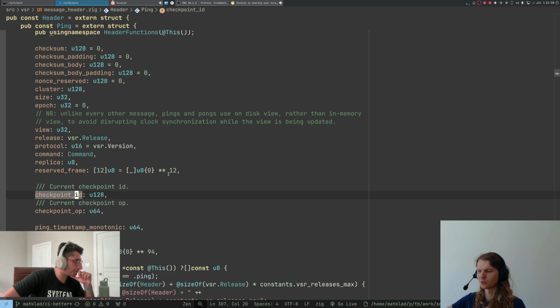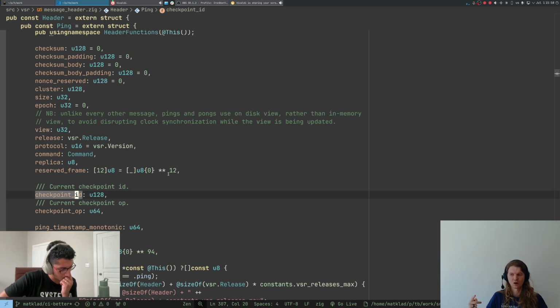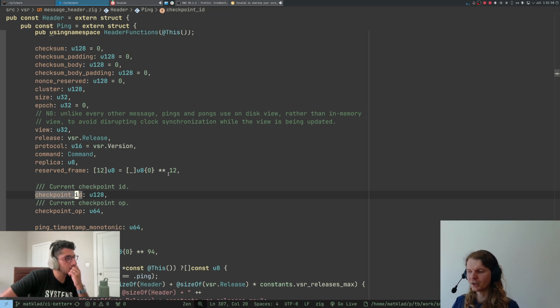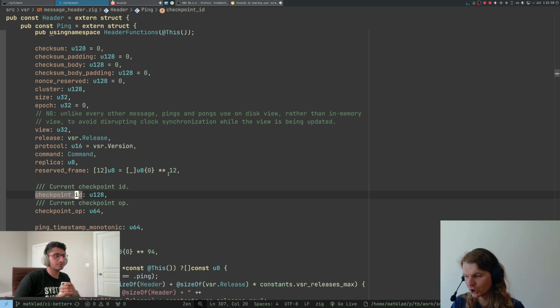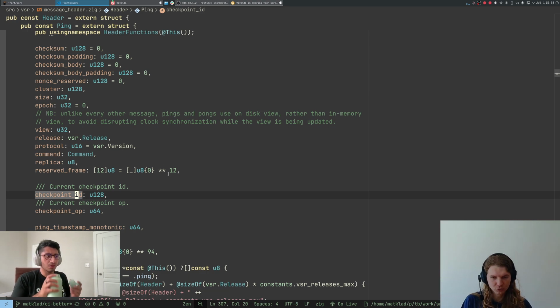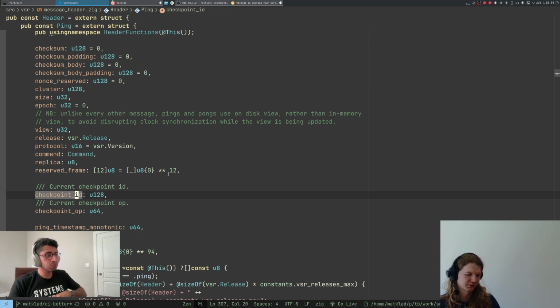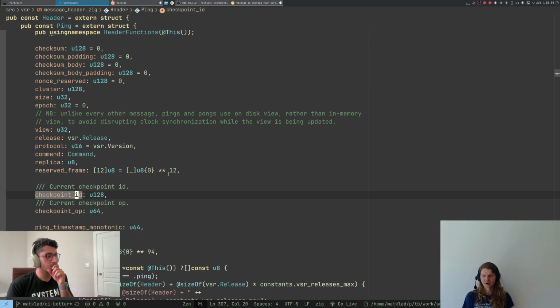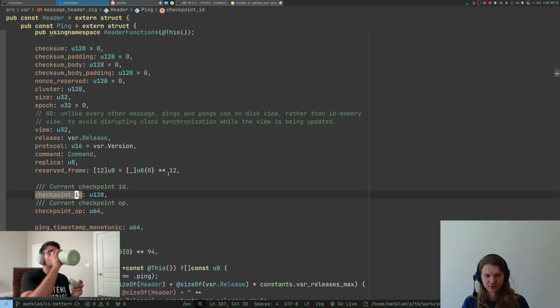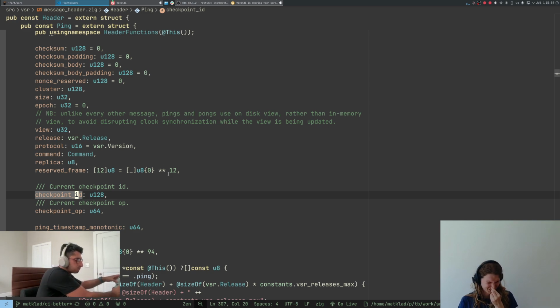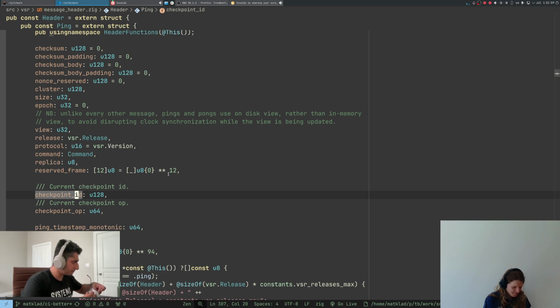So we don't wait for this op prepare plus 1 trigger. We try to gossip information as fast as possible. As soon as we have a quorum of checkpoints ready, we can stop keeping all those old prepares in memory.